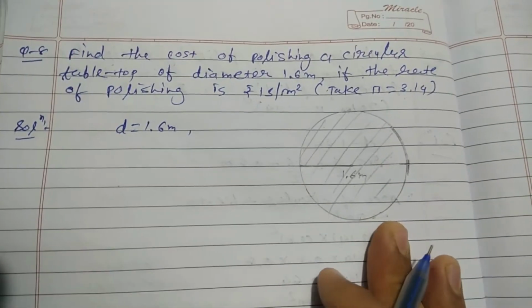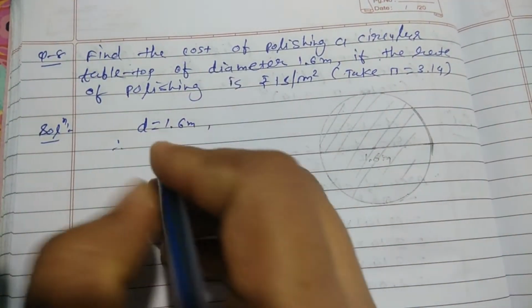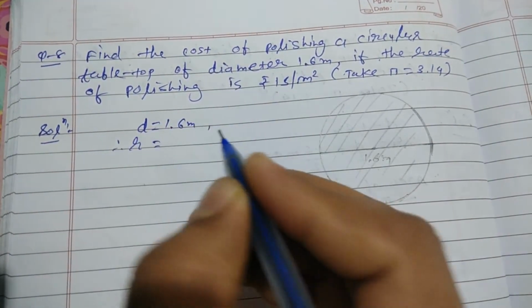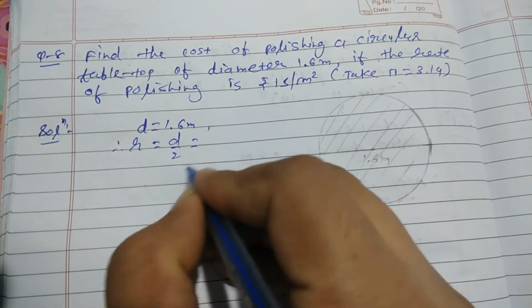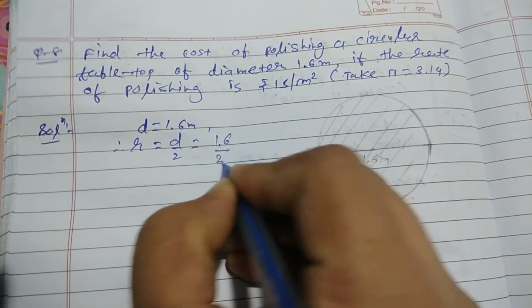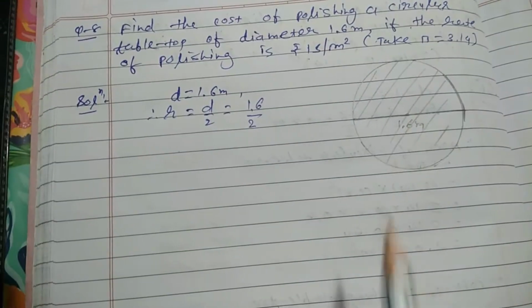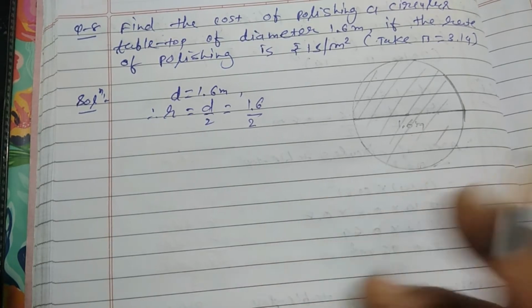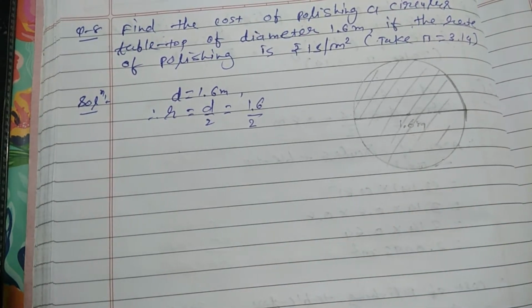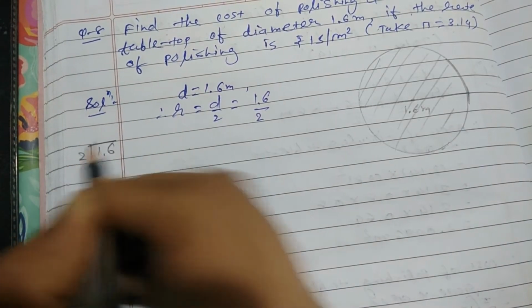So we will find the area of the circular tabletop. Here diameter is given 1.6 meter, so we will find the radius, that is equal to d divided by 2, that is 1.6 divided by 2.